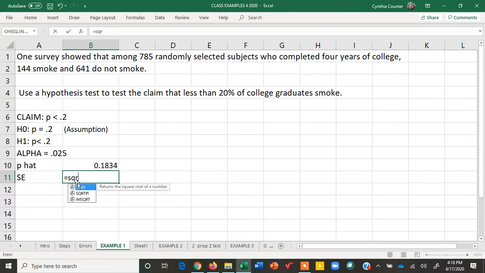So we get the square root of p, which is 0.2, times 1 minus p, or 1 minus 0.2, divided by, don't forget the close parentheses, the sample size, 785.